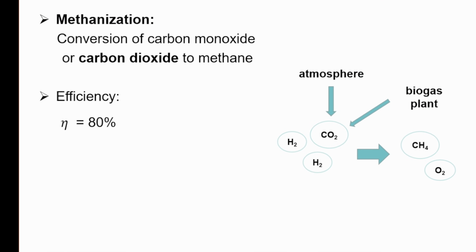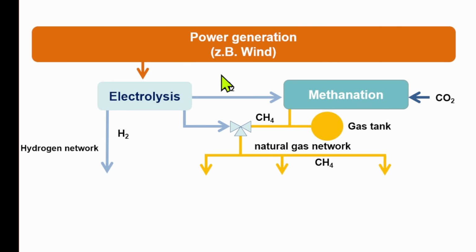The efficiency could be up to 80% for the most modern plants. We come to this a bit later. The reaction is: 4 hydrogen molecules and 1 carbon dioxide molecule form methane and 2 water molecules. Here we see it again. We have the same electrolysis as before.